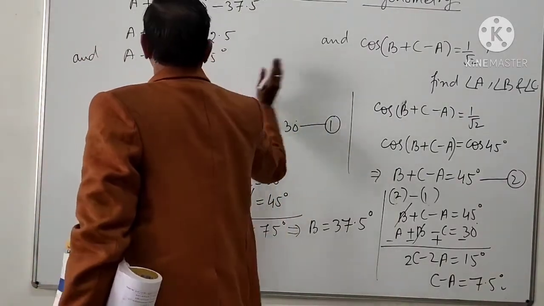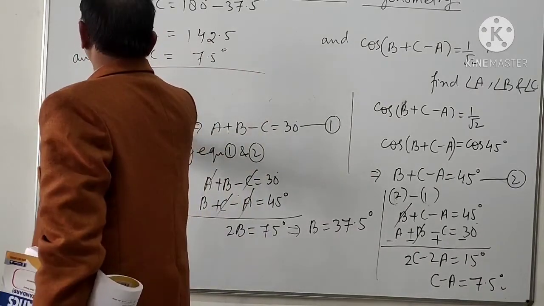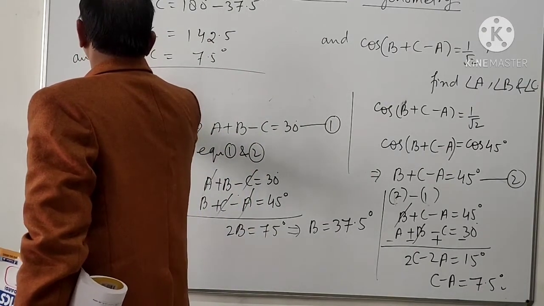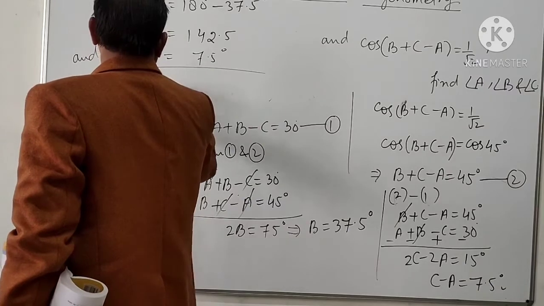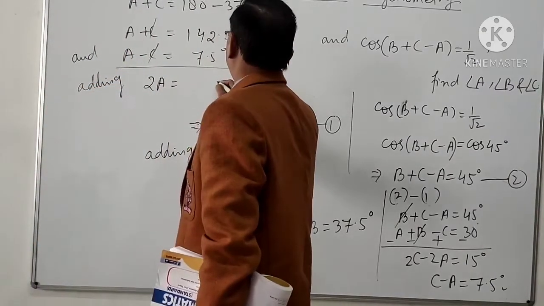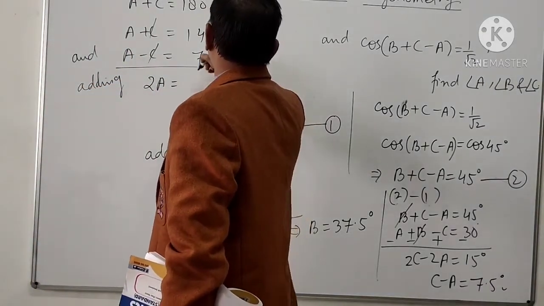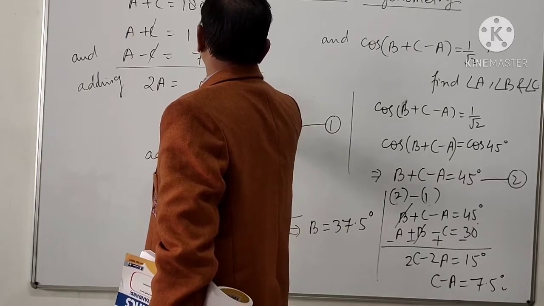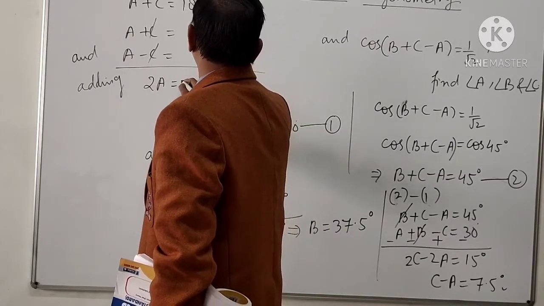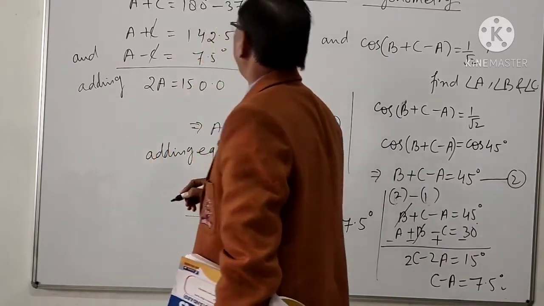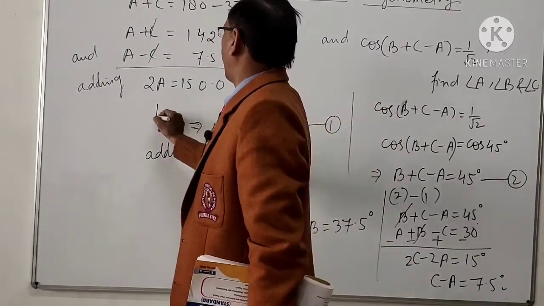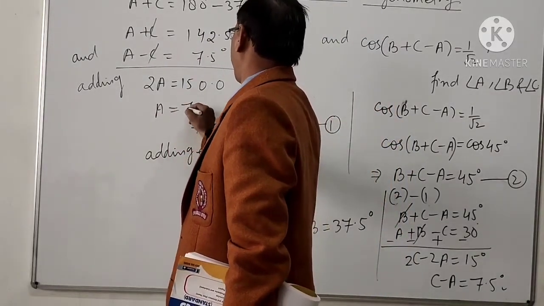Therefore, on adding, C cancels, 2A equal to 150, then A equal to 75 degree.